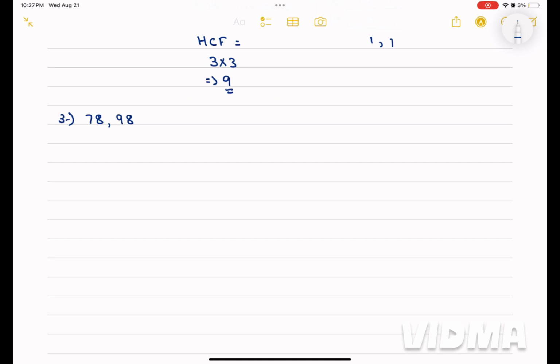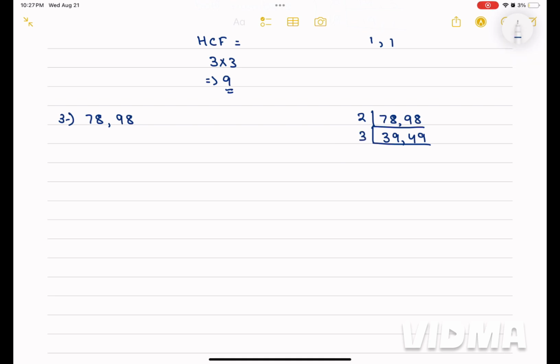78 and 98. 39, 49. There. Now you cannot take 2 here. Nope, you cannot take 2 because they both are odd numbers. You take 3 because 39 is divisible by 3.